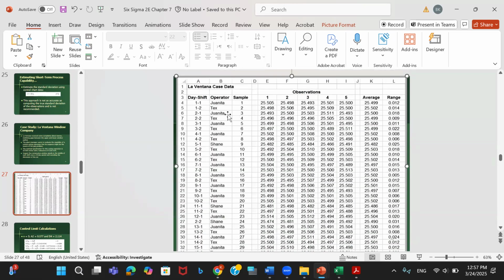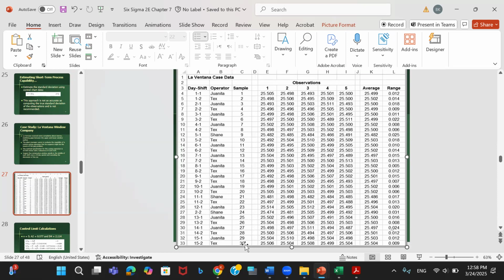You see the data. We have a sample of 5, so the sample size is 5 here. We don't care about the names. And how many samples? It goes from 4 to 33, so it looks like we have 30 samples.